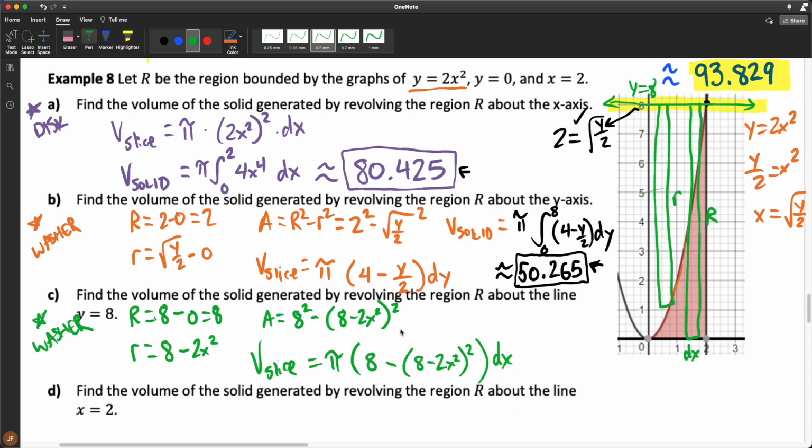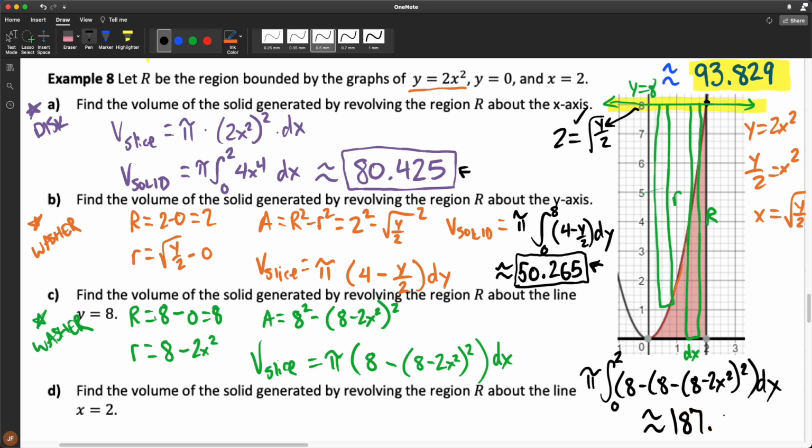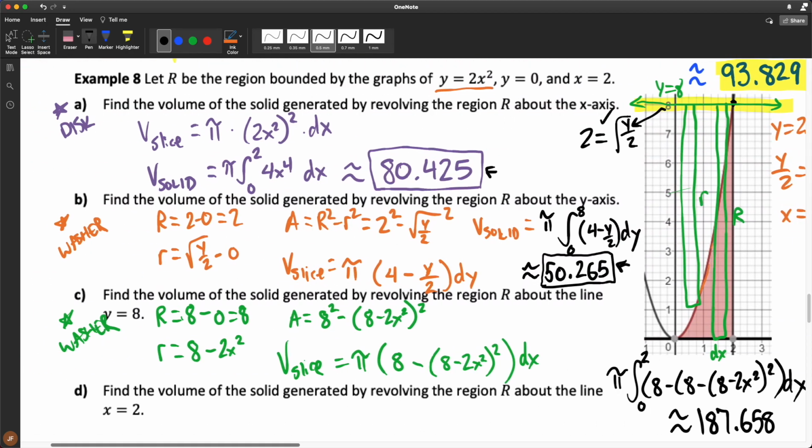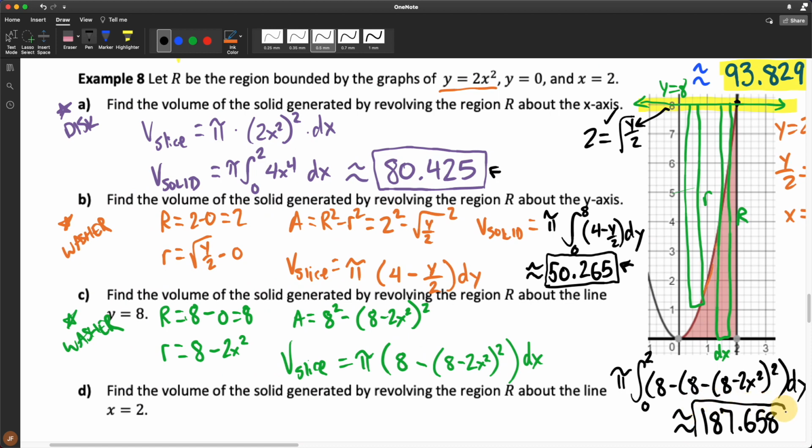All right, and then the volume of our solid, if we integrate that from 0 to 2 with respect to x, then we should get 187.658 as our volume. Awesome. All right, one more section.